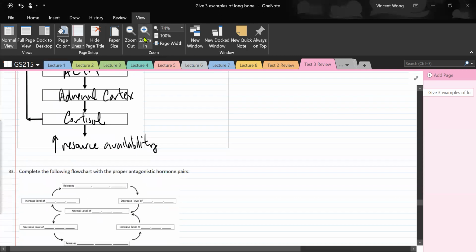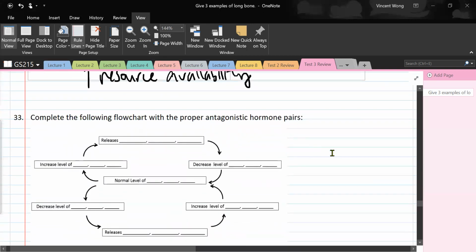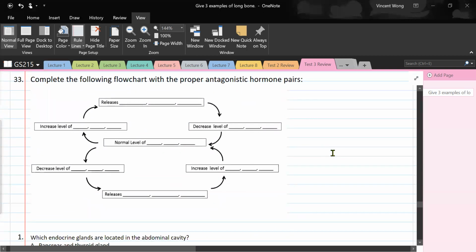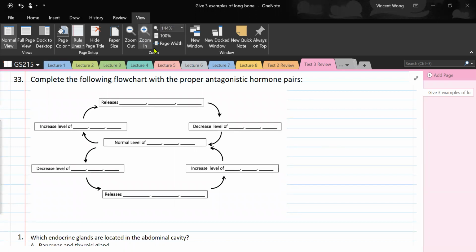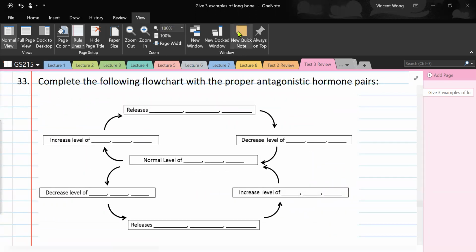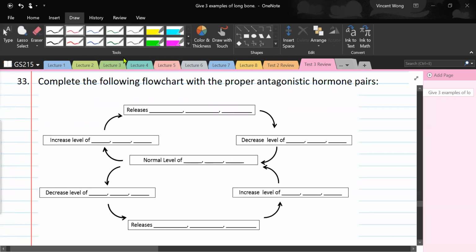Okay, this table summarizes the 3 pairs of antagonistic hormones. Let's just fill them in with different colors. Let's say we're looking at normal levels of sodium in the blood. So with an increased level of sodium, what's going to happen? It's going to cause you to release ANH from the heart, and then it will bring the sodium level back down.